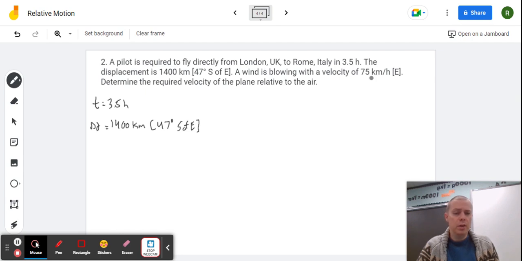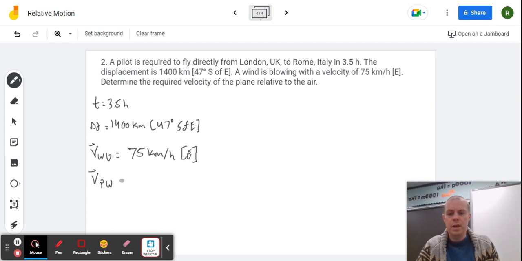A wind is blowing with a velocity of 75 kilometers per hour. So that is going to be wind with respect to the ground, 75 kilometers per hour east. Determine the required velocity of the plane relative to the air.